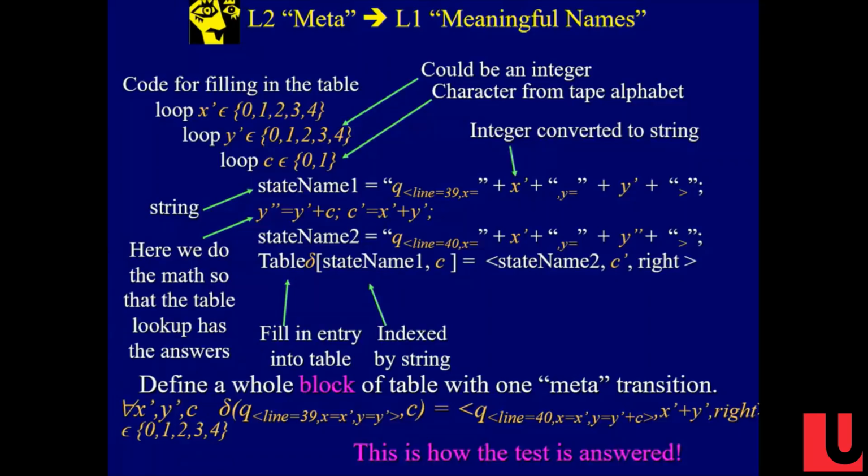And what do we write? Here, for this table entry, what value gets written by the Turing machine, by the table entry, is the C prime. Right? Is that making sense? So this is still straightforward. Everybody got that? All right.